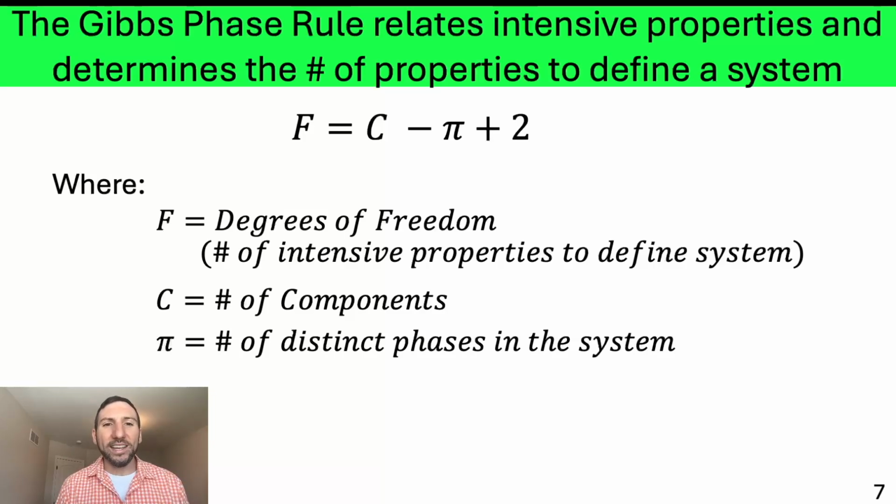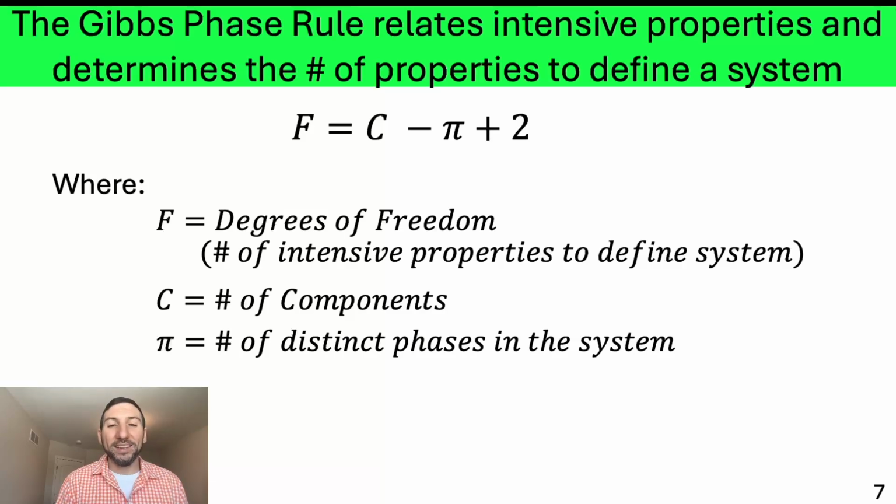And one example of using these properties to define and set the stage for our system can be the triple point, where in the last video we talked about using the phase diagram to navigate and identify different parts in our system and the phases. The triple point is a very special point. It's the only point where you have solid, liquid, and vapor in equilibrium with each other.